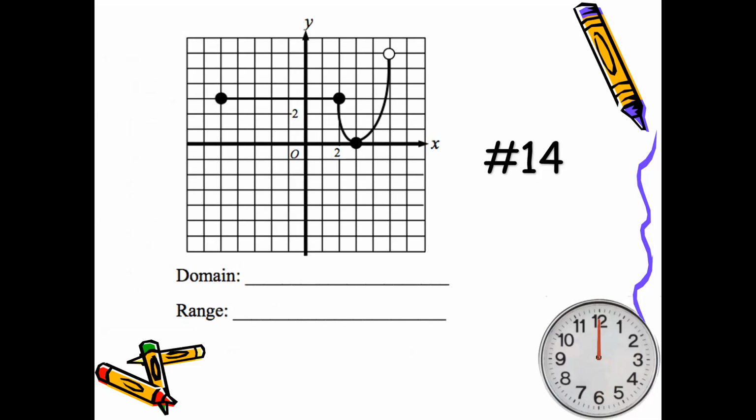Almost there, you guys. Number 14, what is your domain? So how far over do you get to? If I look at this, it looks like 2, 3, 4, 5. So my domain is going to be at 5. How far does it get over to this side? -1, -2, -3, -4, -5. So -5. Oh, and that should be a bracket.